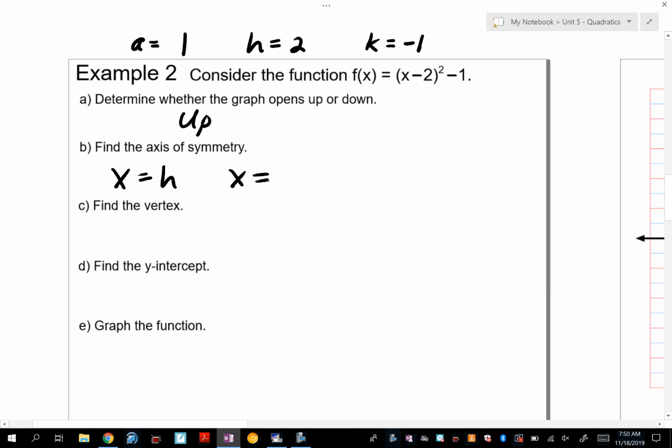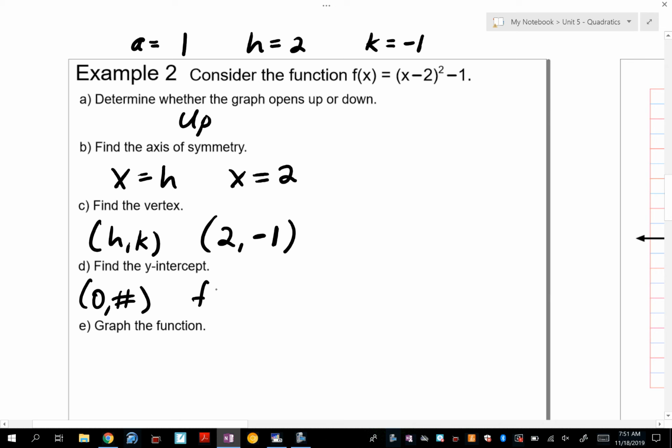Remember, it's x equals h. X equals +2. So we're going to have a vertical dotted line at x equals 2. What's the vertex if it's h, k? 2, -1. Very good. Now, the y-intercept is 0 and some number. So we have to plug in 0 to this function.